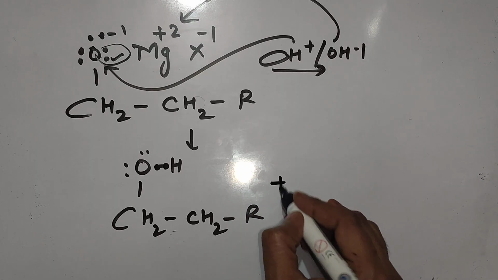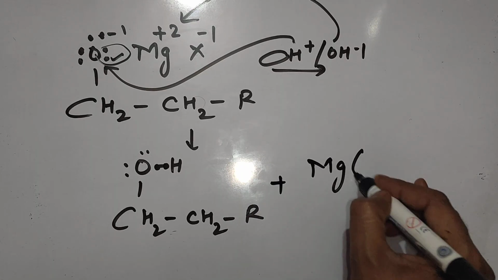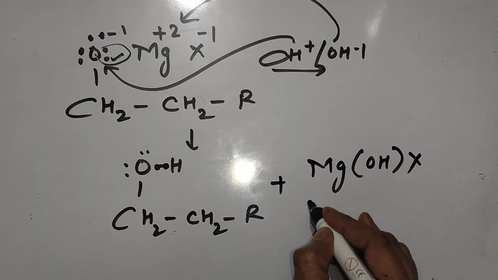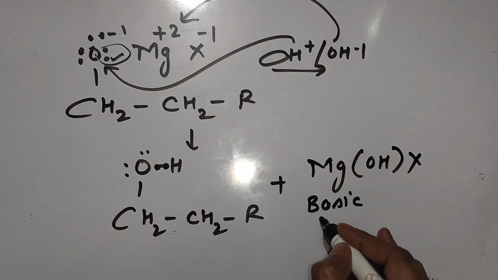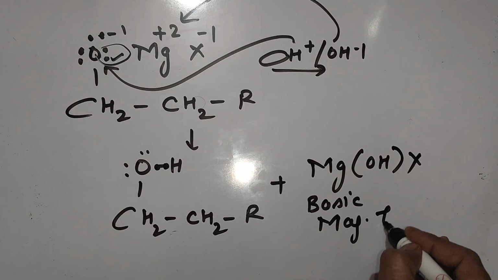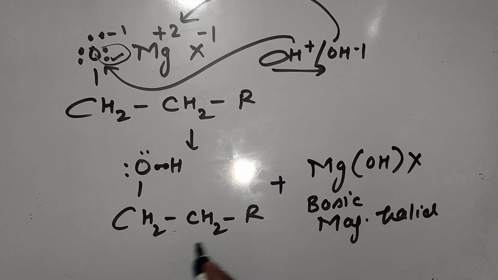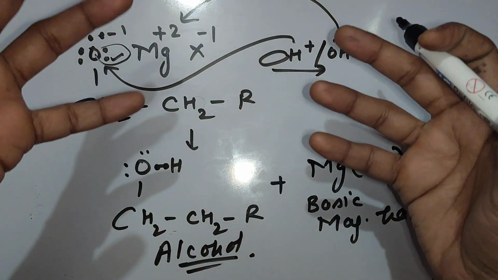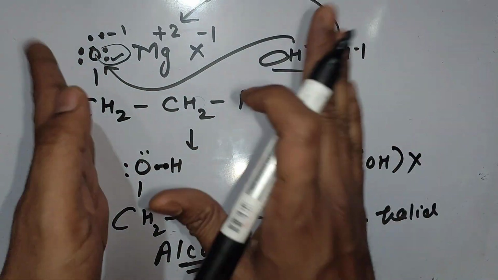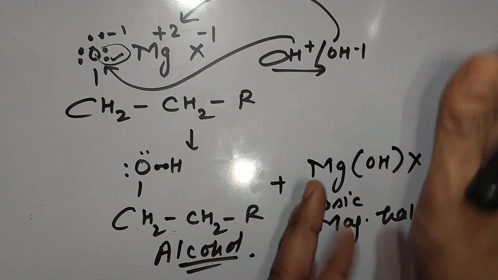Now, the side product is Mg(OH)X, basic magnesium halide. And this is what we have, alcohol. In this fashion, ethylene oxide and Grignard reagent followed by hydrolysis can produce alcohol.